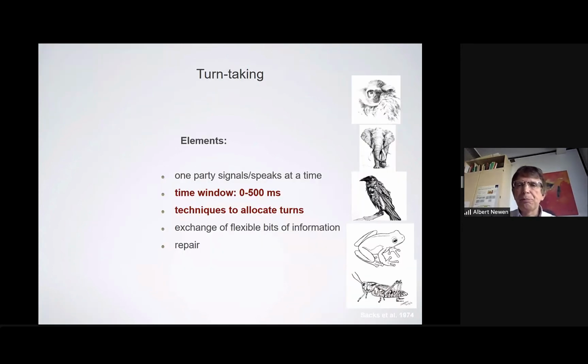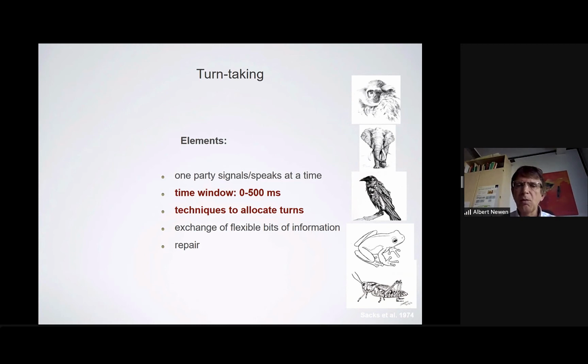in monkeys and apes. So turn-taking in principle is characterized, as you all know in this community, there were quite some talks about turn-taking. One party signals at a time.